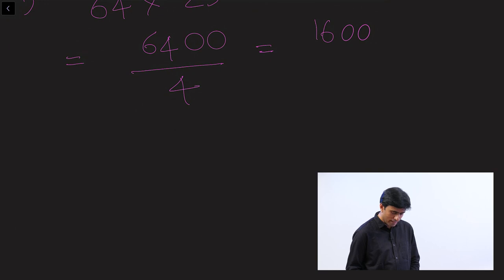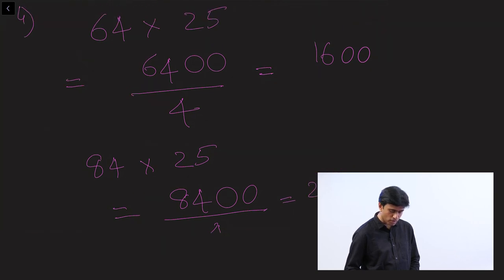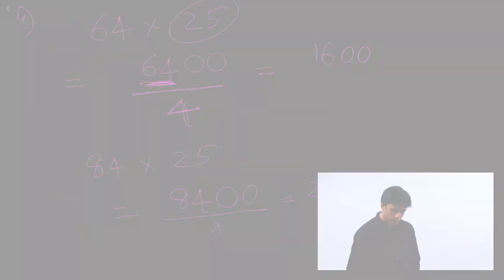How about 84 into 25? 84, place 2 zeros and divide by 4. That becomes 2100. So remember, when you have to multiply a number with 25, all you need to do is to place 2 zeros to the number and divide it by 4.